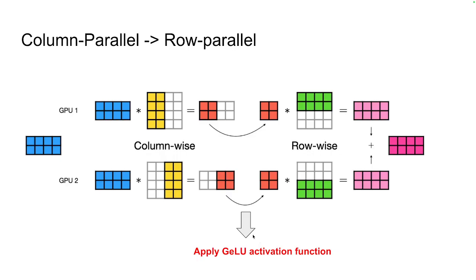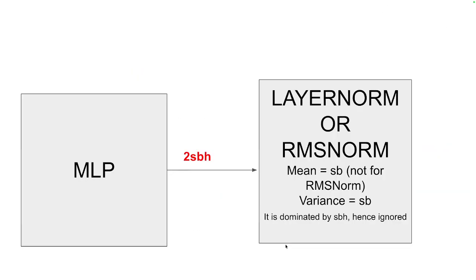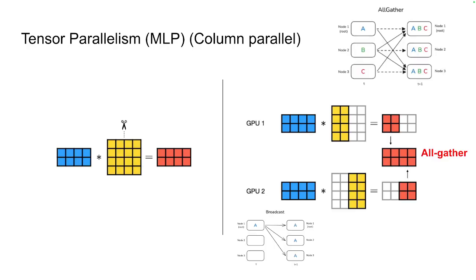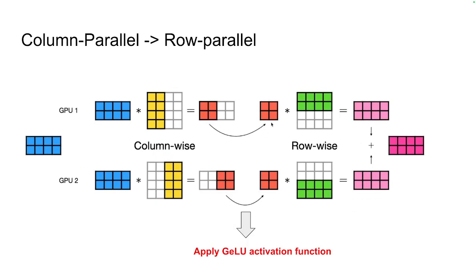And also, in the MLP layer that I showed you here, we apply GELU nonlinear activation. And the good thing about GELU and all the activation functions is that they are element wise. So if I go back to my slide, you can apply GELU activations on each of these elements here, and that can stay independent, because it is element wise.